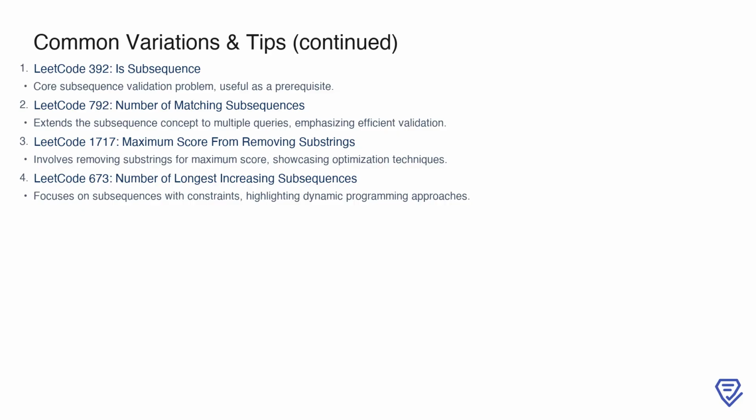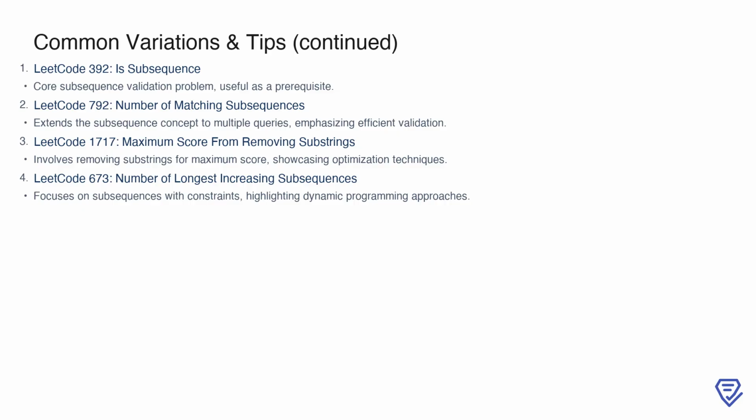Another useful problem is LeetCode 1717, Maximum Score From Removing Substrings, which involves optimization strategies for removing substrings to maximize a score. Lastly, LeetCode 673, Number of Longest Increasing Subsequences, highlights dynamic programming approaches for handling subsequences with specific constraints. Studying these problems will deepen your understanding of subsequence validation and optimization, and provide valuable insights that can be applied to this problem.